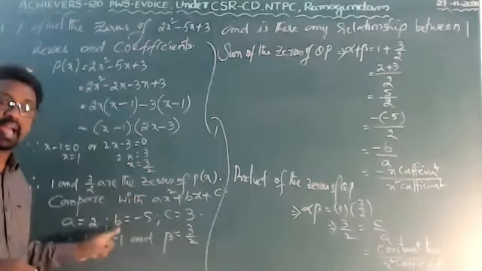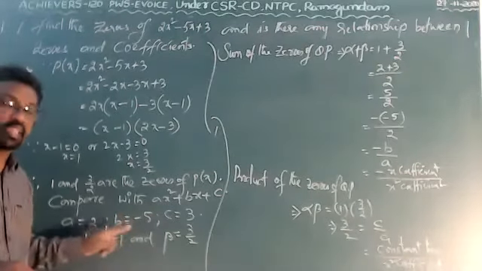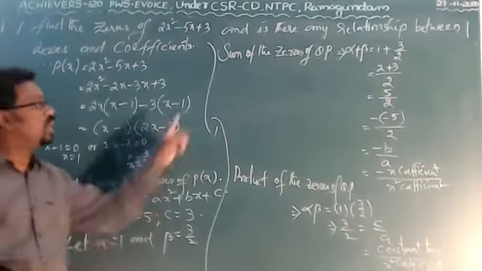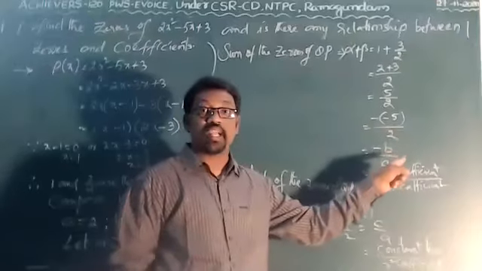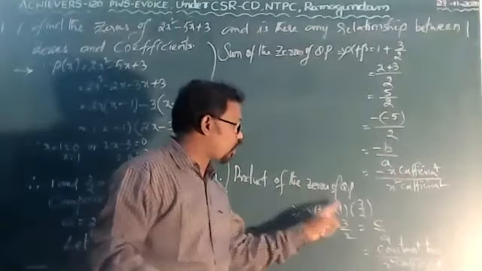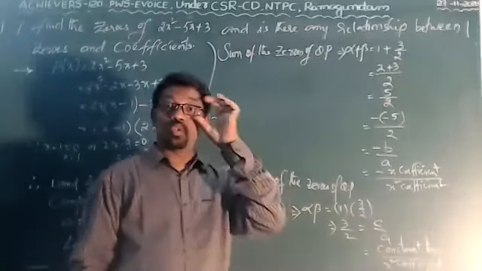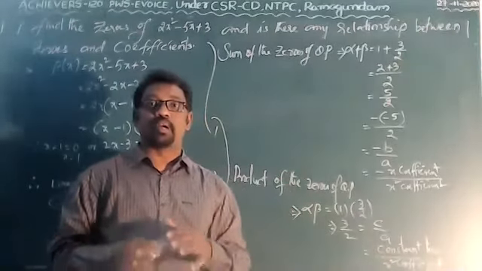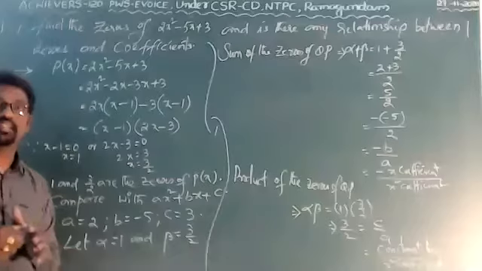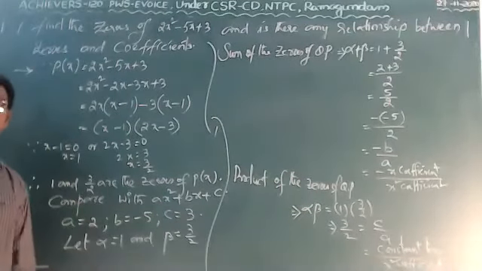Now we compare with ax square plus bx plus c and find a, b, c. From that, the sum of the zeros is minus b by a, and the product of the zeros is c by a. So this is the method, called the sum and product of the zeros. Is there any relationship between zeros and coefficients?